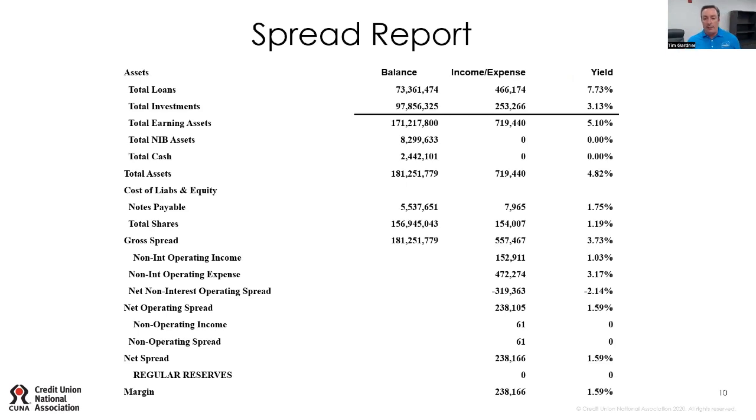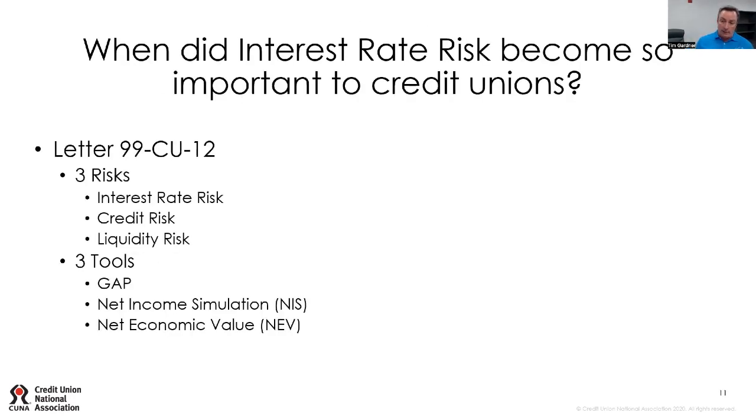So see if you can find that inside of your credit union, and then take a look at it before you come for year two, and then we get into the actual ALM reports, the actual asset liability management reports.